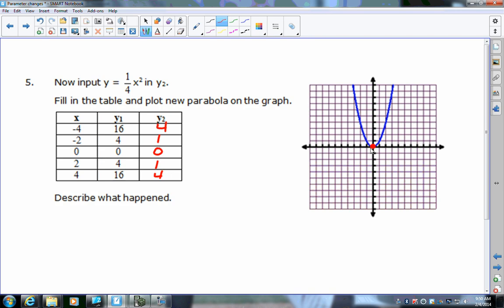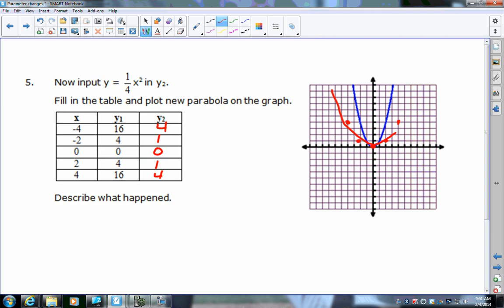So now I've got 2, 1 and -2, 1. And 4, 4. So 1, 2, 3, 4. Oop, did I jump up too high? What happened? 1, 2, 3, 4. Oh, there we go. Much better. Let me try and fix that. All right.